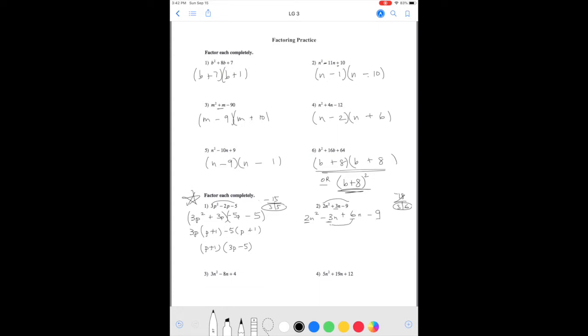But if I switch these, it would probably make more sense because I know 2 goes into 6. So you can switch. You're just trying to get a common bracket. So let's see if I did it. Okay, so 2n plus 3, minus 3n plus 3. I did it correctly. By doing that switch, I got like brackets.